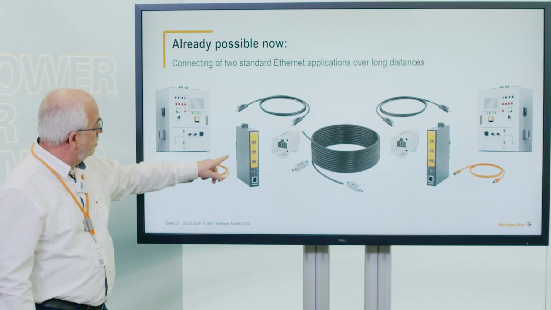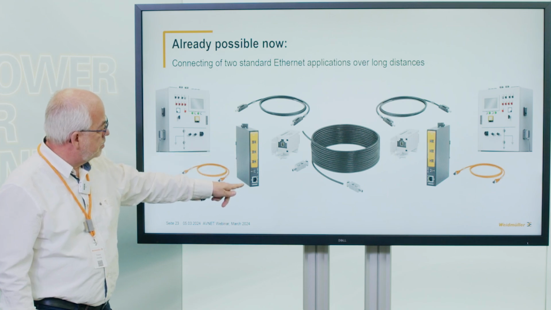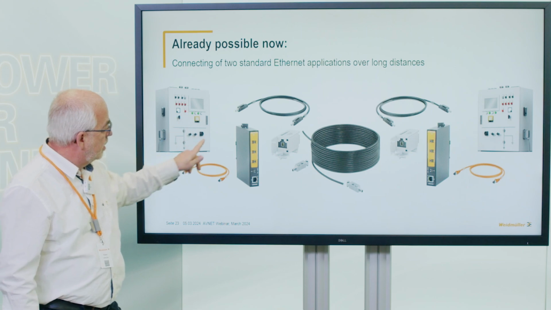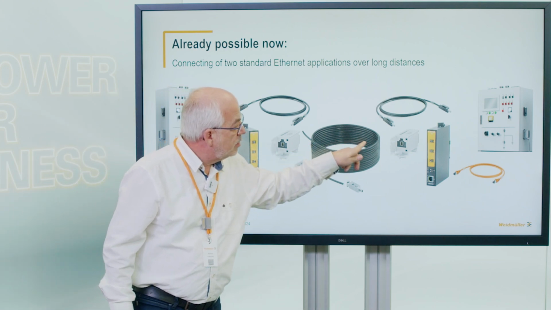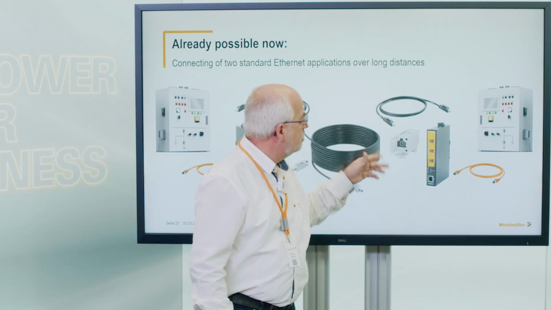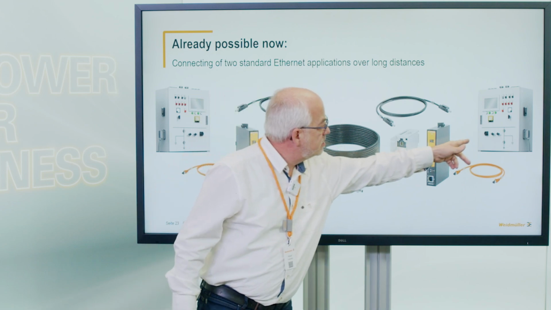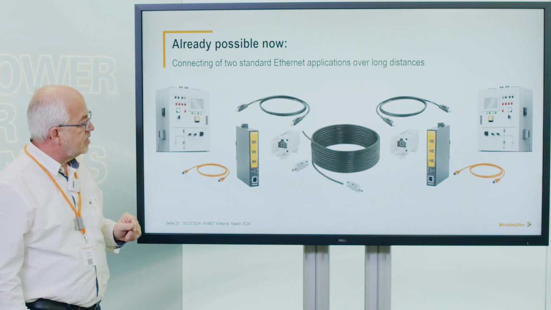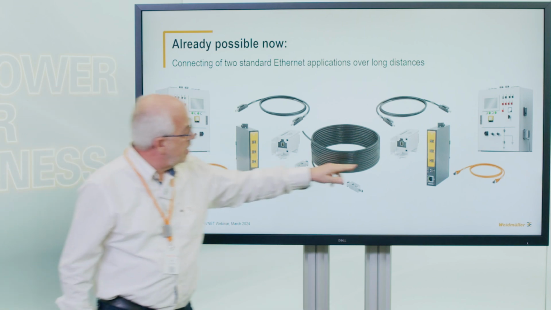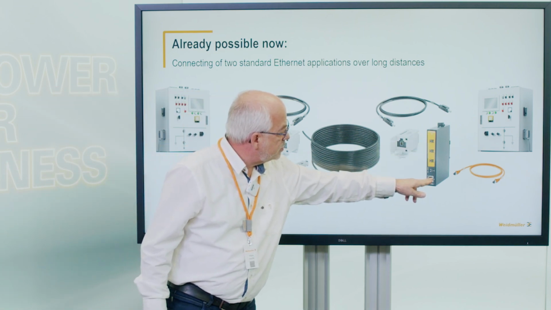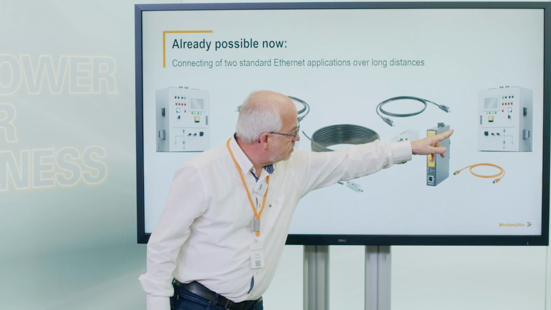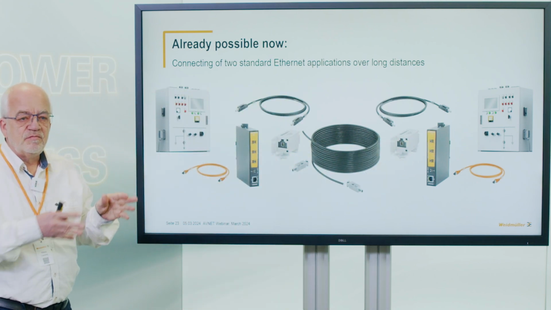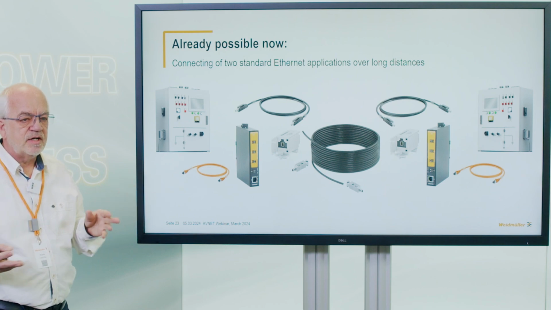So you just use our 10BASE-T1L switch inside the cabinet, and then you can connect the two cabinets via up to 1000 meter single pair Ethernet cable, and switch again to standard Ethernet with a second switch inside the right cabinet, and you have the link via Ethernet without any limits or borders.